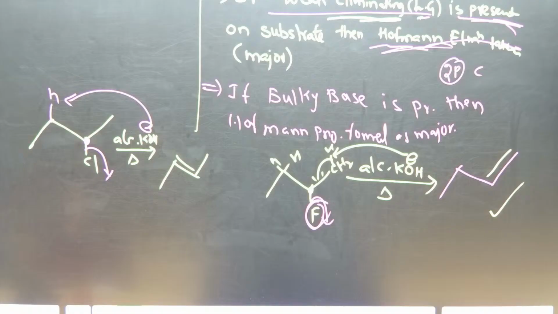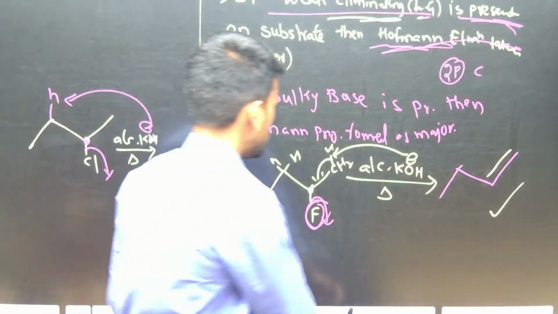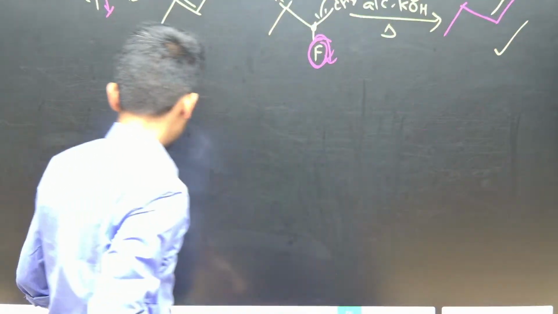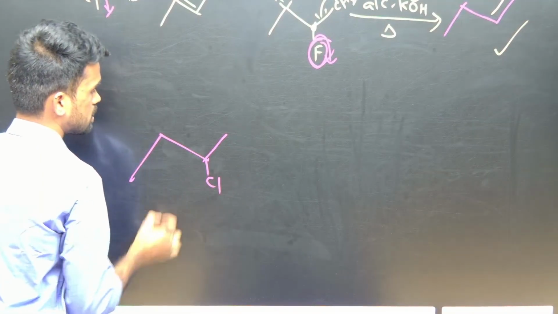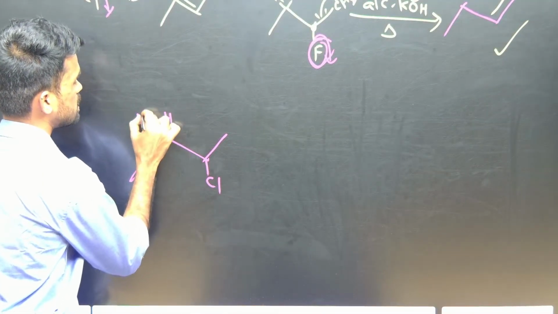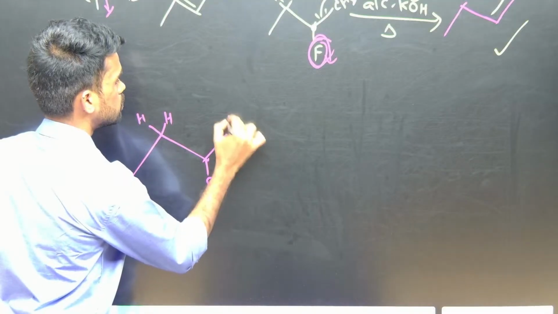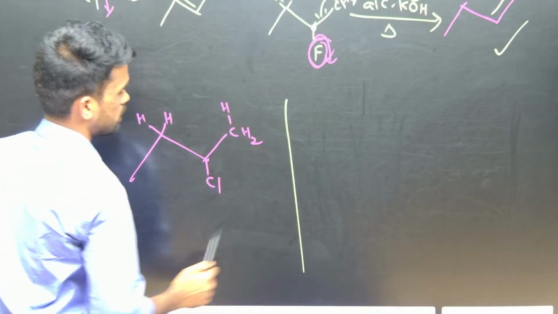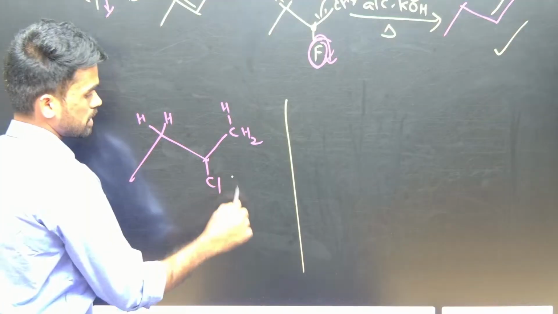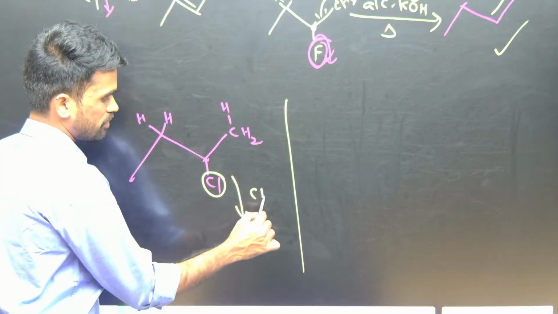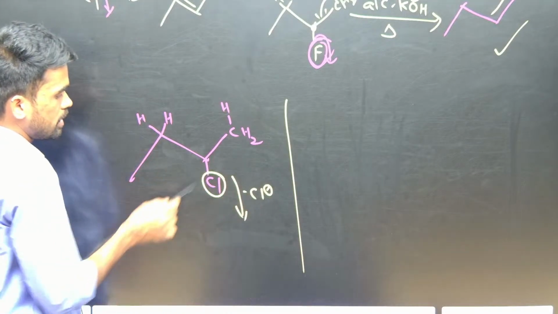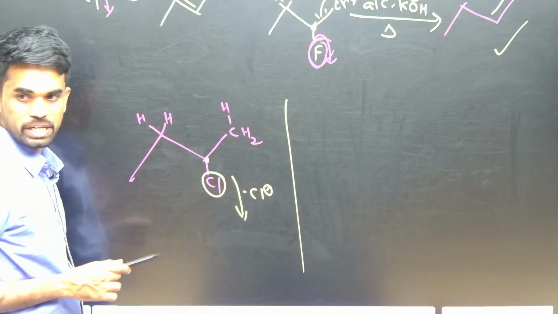Yeah, look at this once again, what I am explaining. There are two types of products possible. Whenever there is a chlorine like this, I can remove beta protons from inside and from outside. But whenever this leaving group is a good leaving group, like chloride ion, it comes out easily due to the electronegativity difference.